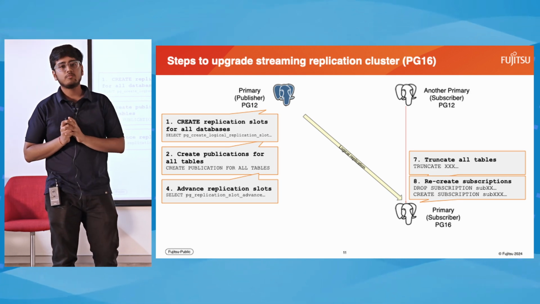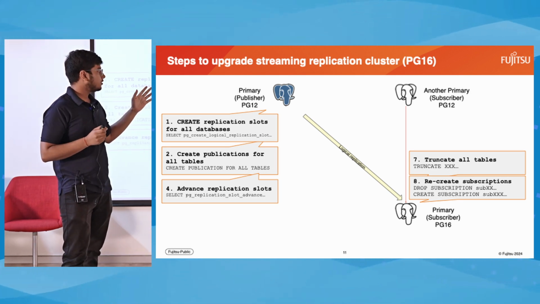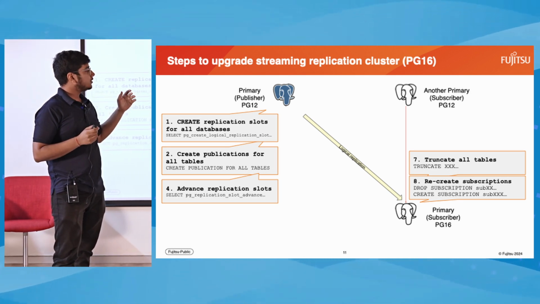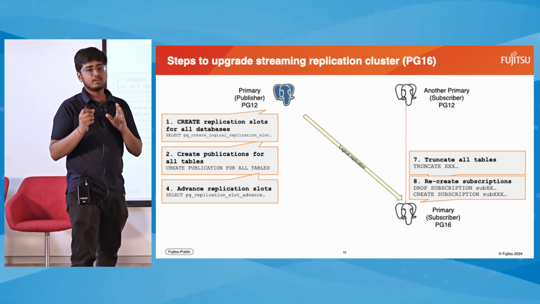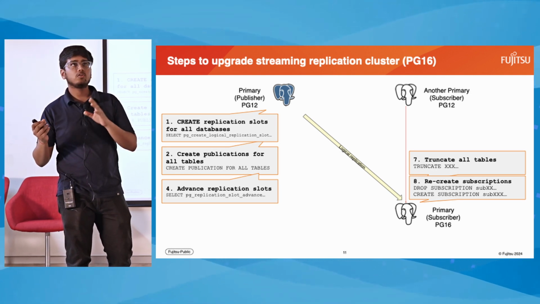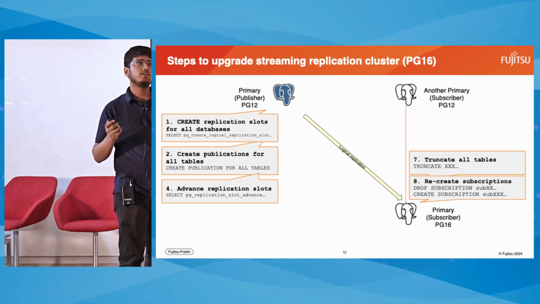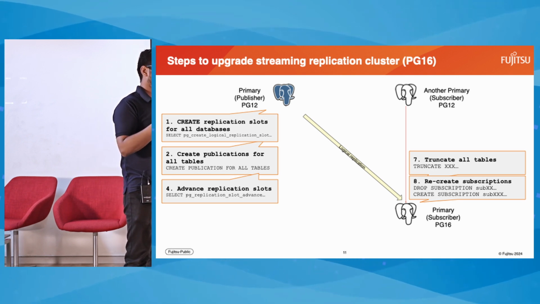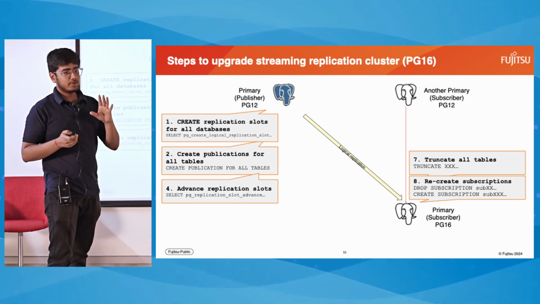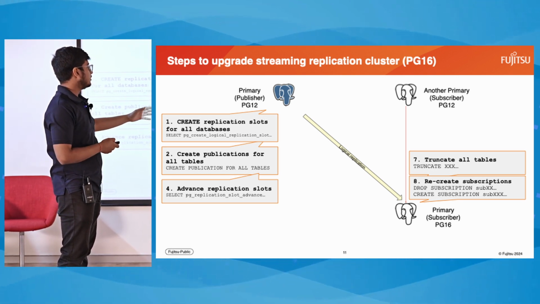So during the upgrade of node 2, which is the subscriber, we do not preserve the states and the relations of the tables, or the LSN value till which the replication has already been done. That value is lost during pg_upgrade.